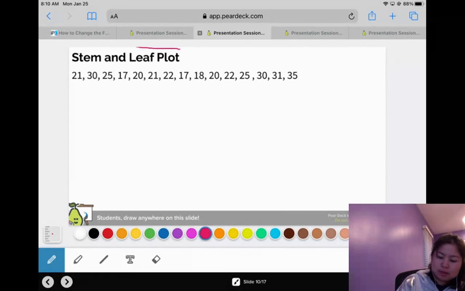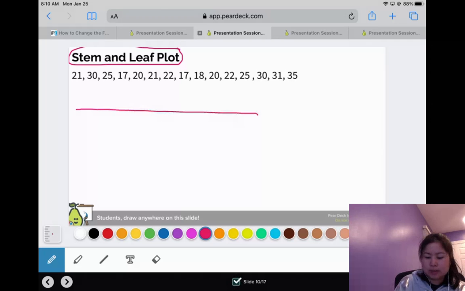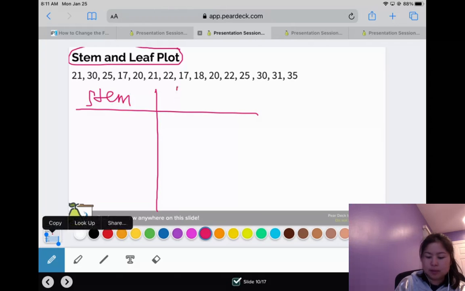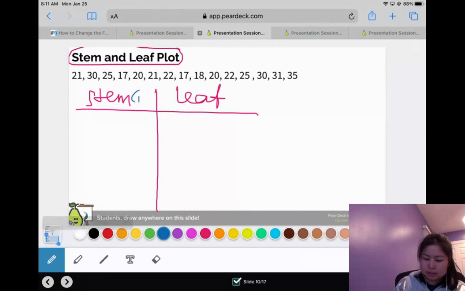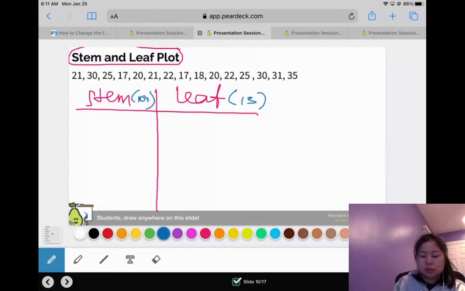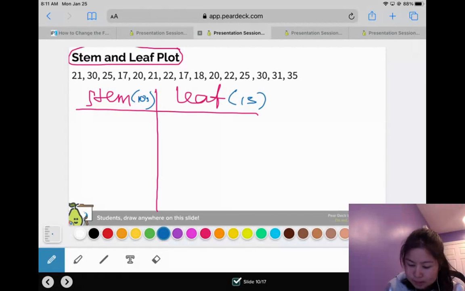This one, stem and leaf plot. This is the one where you have to make 2 columns, the stem and the leaf. Okay. If we look here, the stem is in the tens and the leaf is in the ones. So I look over here, I'm seeing this is in the 10s and the 20s and the 30s.